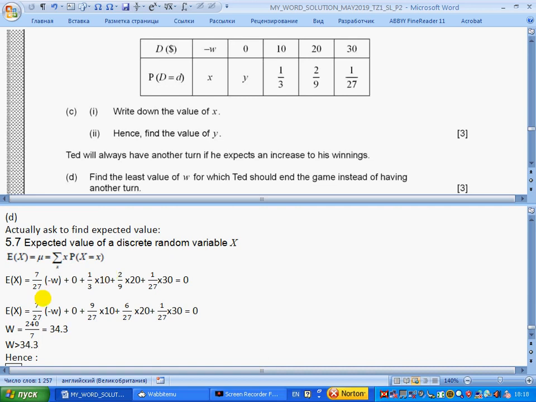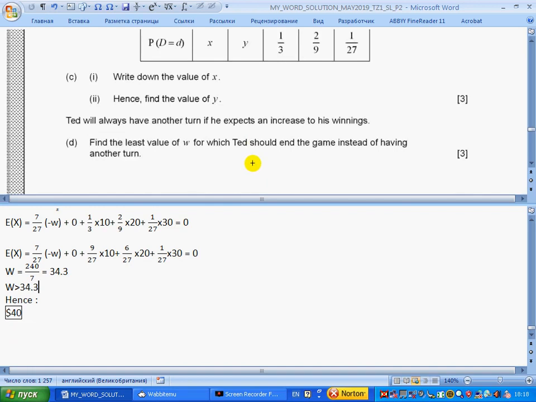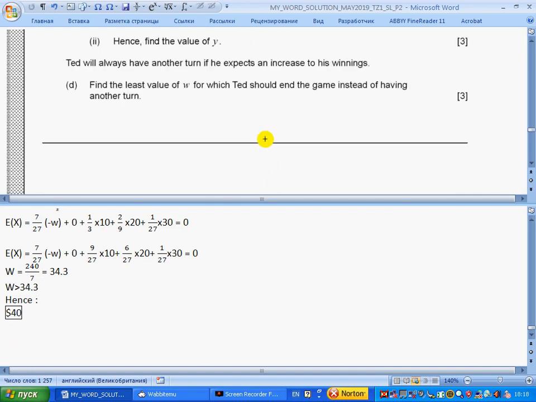So we add the unknown w and we get w equals 34.3. If money is more than this value, then the expected value is less than 0 and he should finish the game. As he is adding by $10, the sum should be $40. This is why we give the answer $40. And here we finish the paper. Thank you for your attention.